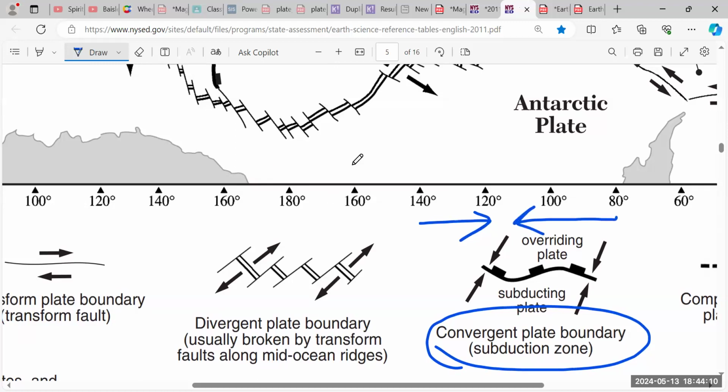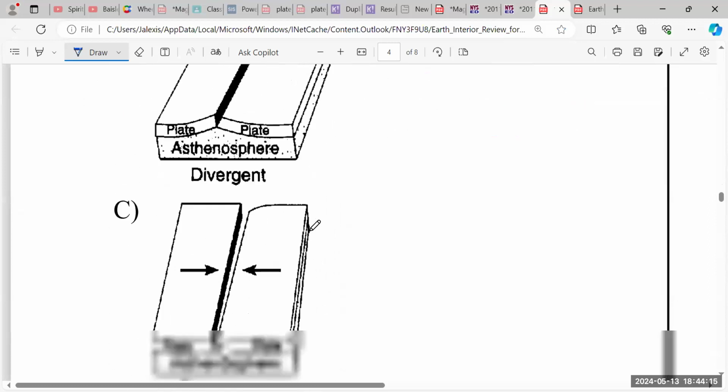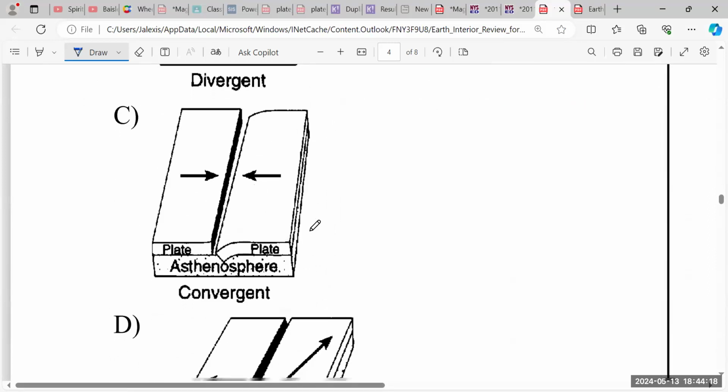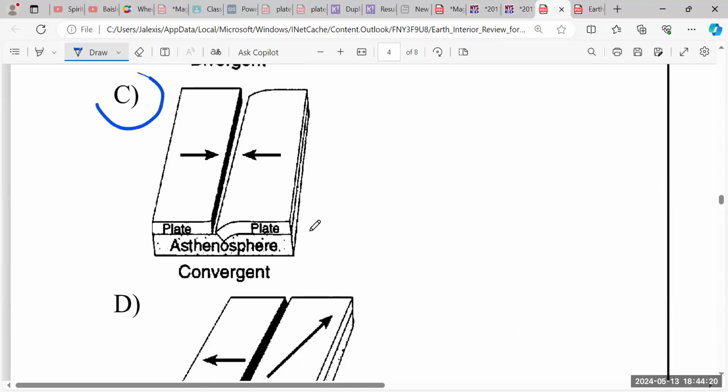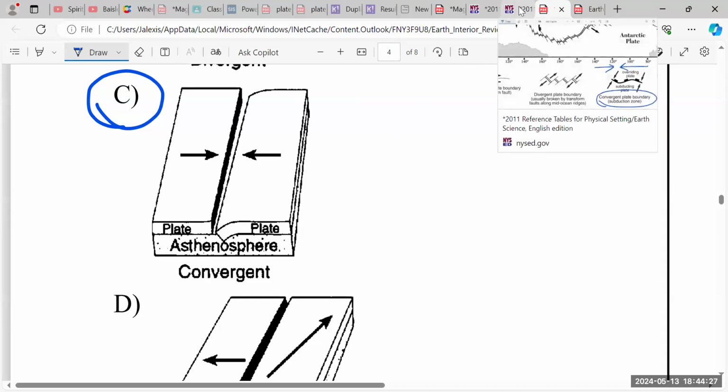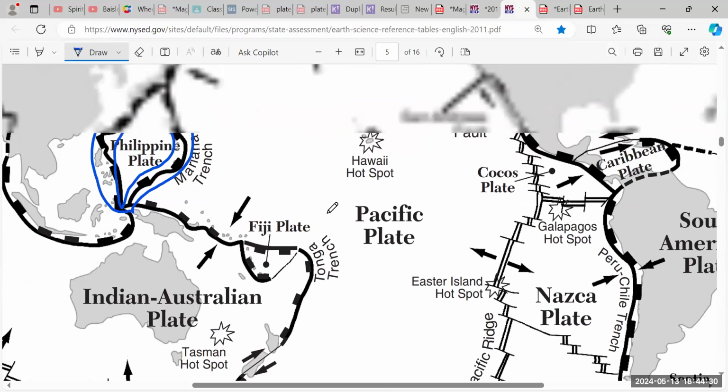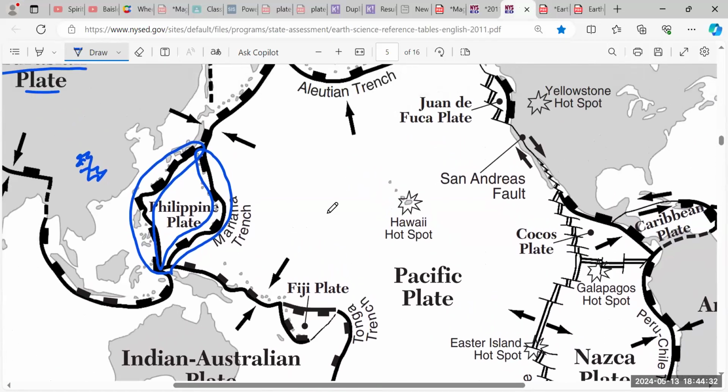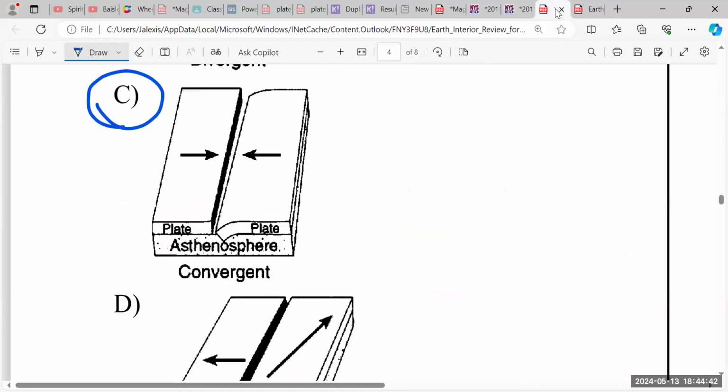And so when I'm looking at my options, which ones show the plates coming towards each other? It's going to be choice C. And you're able to come to that conclusion even if you didn't know where the China plate is, you just knew for a fact that all the boundaries of the Philippine plate are convergent plate boundaries. And at convergent plate boundaries, the plates move towards each other. That's why the correct answer is choice C.